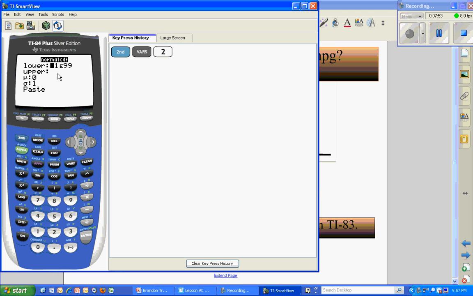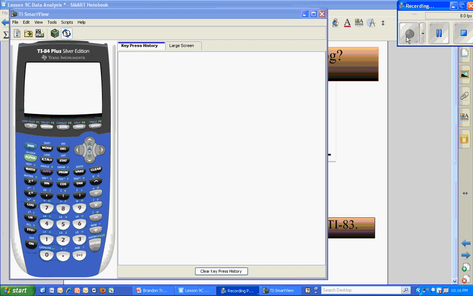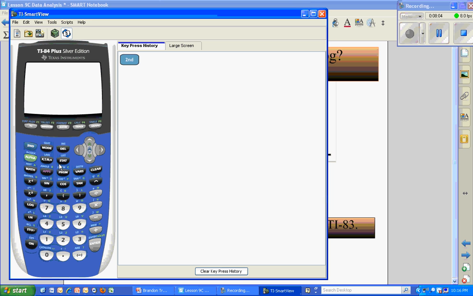Then you're going to type in the lower. Since we're looking for the data below, you go second, VARS, to find your normal CDF. Now, I have one of the newer systems, which allows me to type it in this way. If you don't see it this way, then you'll just see an open parenthesis.